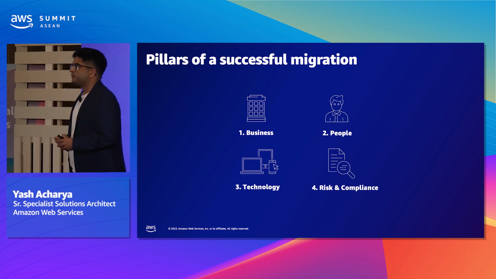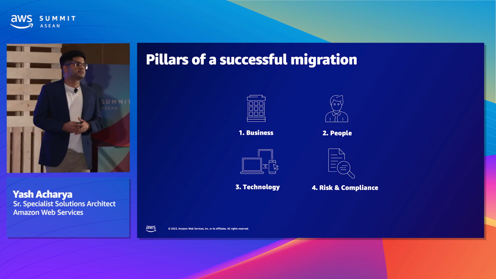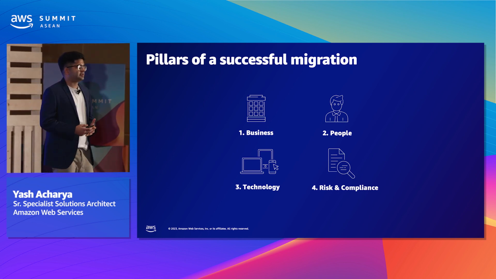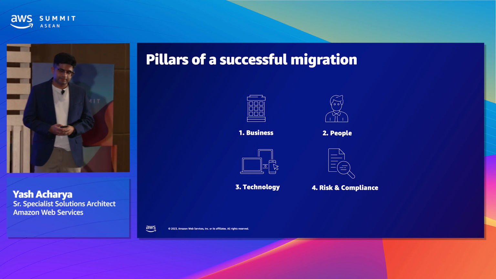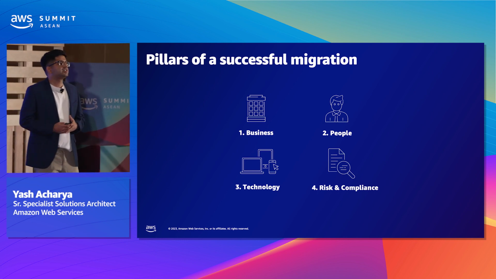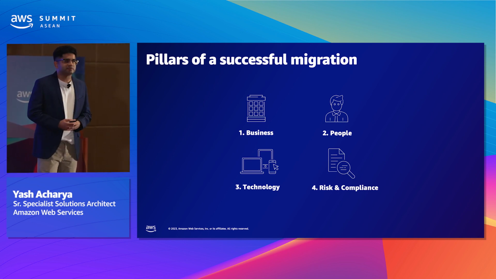The next main pillar over here is technology. And this is a very crucial element when we talk about migrations and modernization as a whole. For any successful migration, having a strong foundation on the technical side is very important.